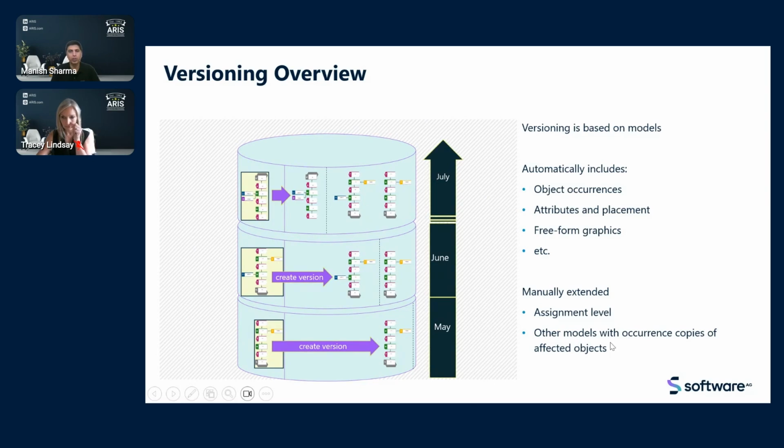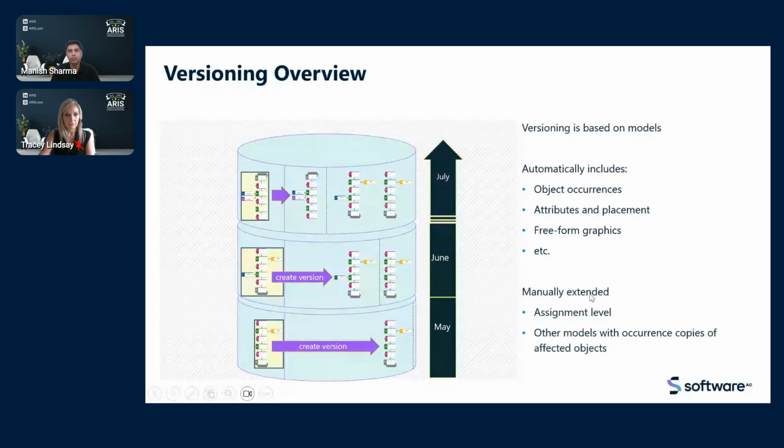And you also have an option to include connected models. What that means is that if there's an organization unit that also features in an organization chart, and you have versioned a model with that organization unit, you can also extend to include that organizational chart as part of this particular version scope.